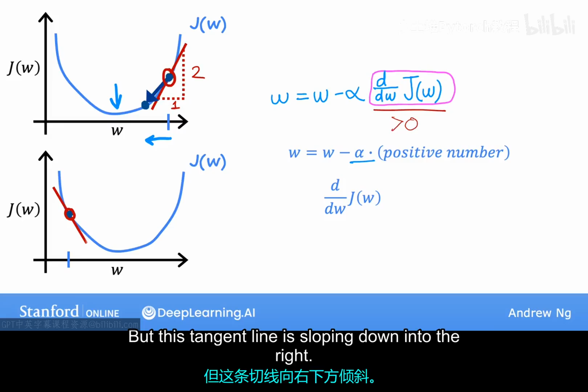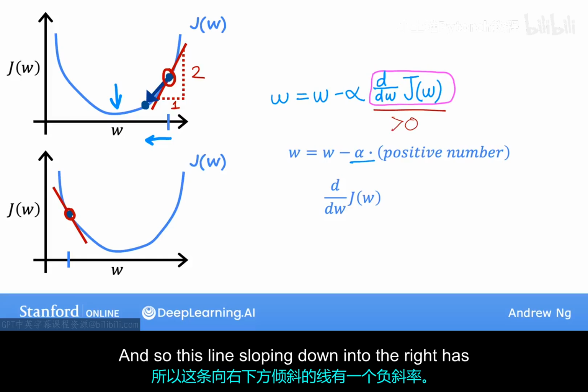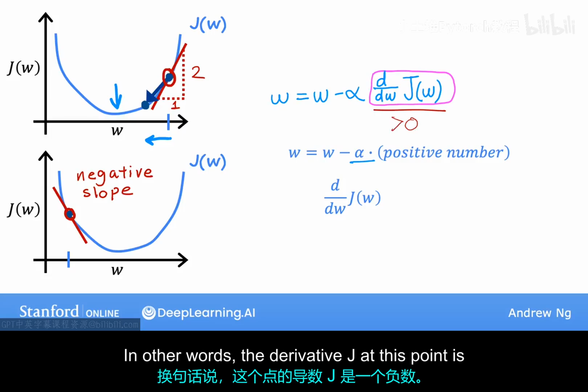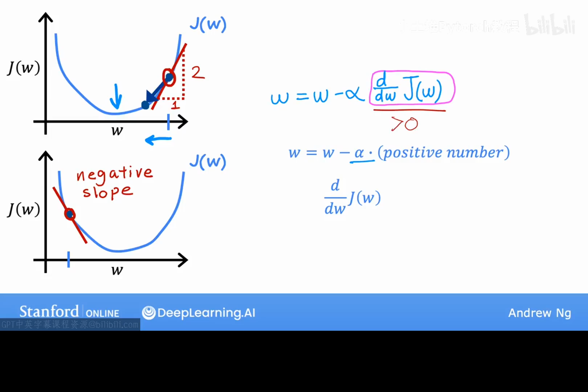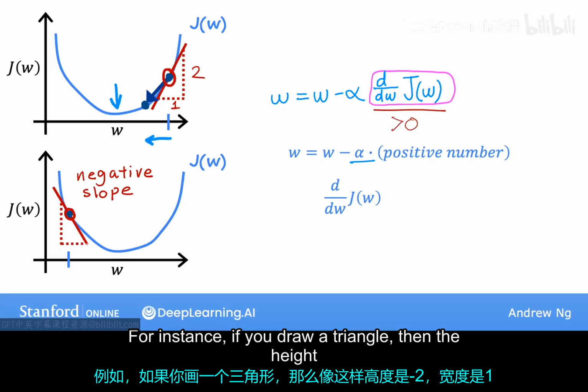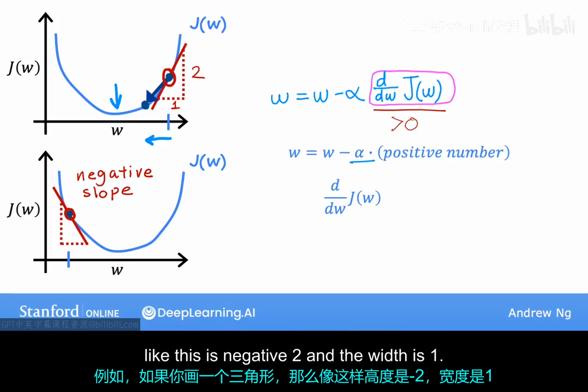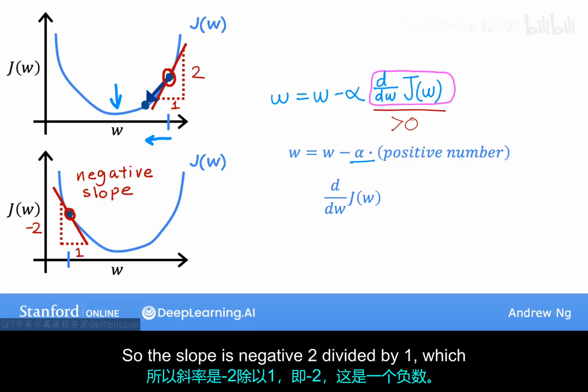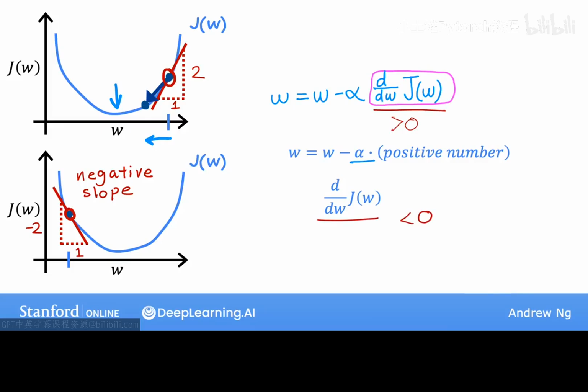But this tangent line is sloping down and to the right. And so this line sloping down and to the right has a negative slope. In other words, the derivative of J at this point is a negative number. For instance, if you draw a triangle, then the height like this is -2 and the width is 1. So the slope is -2 divided by 1, which is -2, which is a negative number.